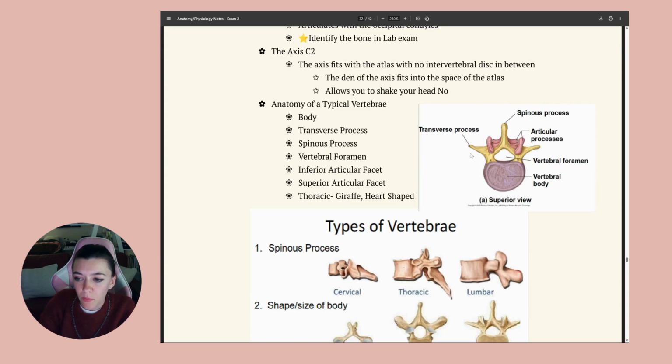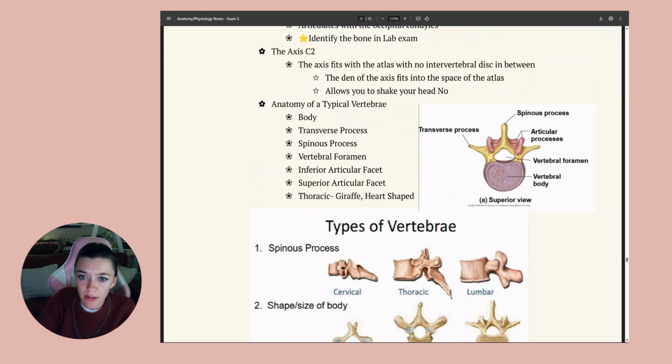And the ones that stick out horizontally away from each other, that's going to be your transverse process. In the center of all of this, you're going to have a big hole, and that's going to be the vertebral foramen. That's where your spinal cord and blood vessels and things run through.